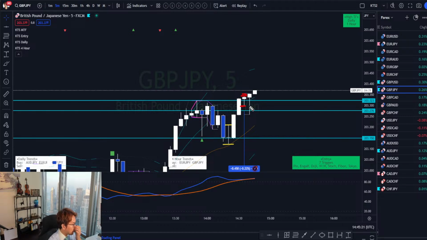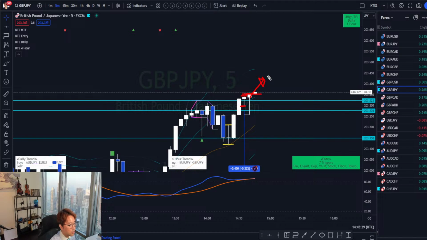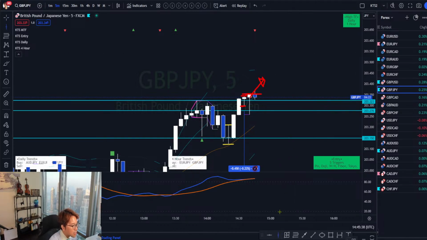So if the current candlestick really breaks the highs, then it continues bullish. So this is a good sign. So the entry was here on this candlestick at 2:30 p.m. in UTC time zone.